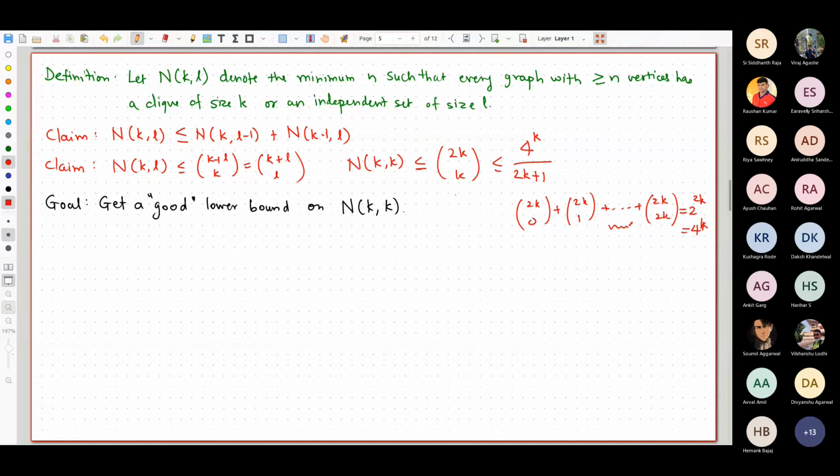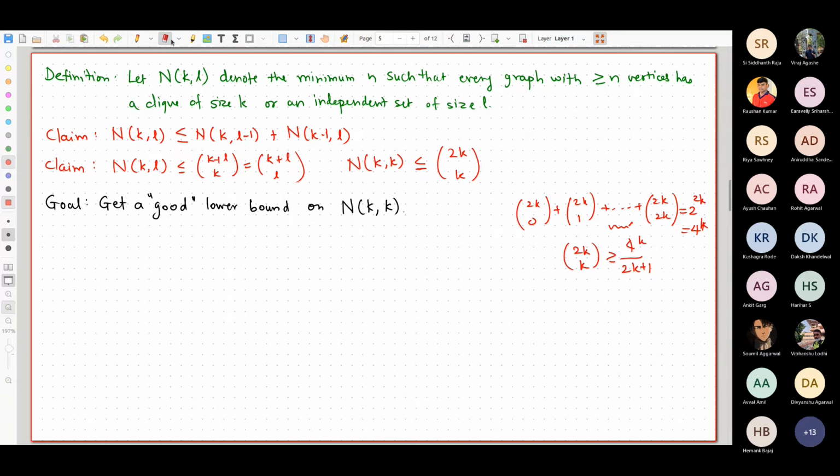So the maximum is going to be, oh no, hold on, that's a lower bound. I want an upper bound on 2k choose k. So 2k choose k is certainly greater than or equal to 4 to the k divided by 2k plus 1. That is fine, but I want an upper bound, so this doesn't seem valid to me.